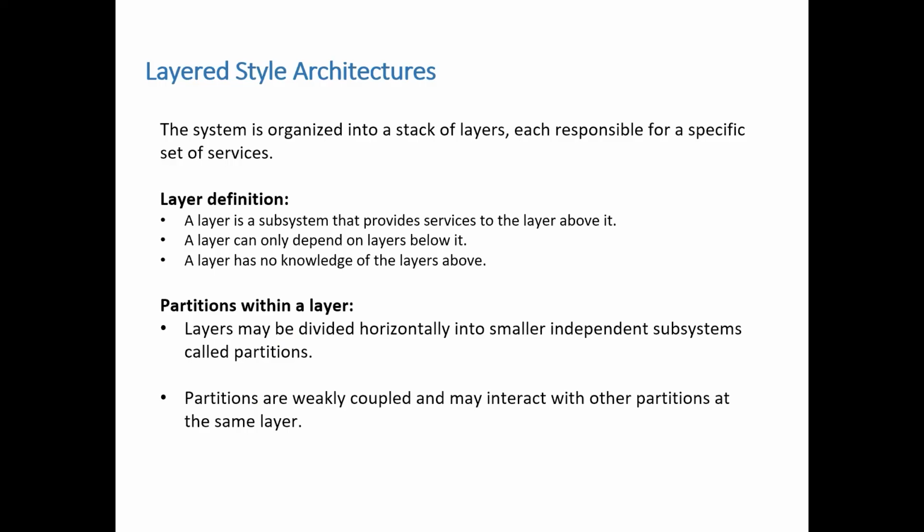We can also partition layers horizontally into smaller independent subsystems. For instance, different modules handling user accounts, billing, or notification might all exist within the same layer but operate independently. These are what we call partitions or weakly coupled subsystems.